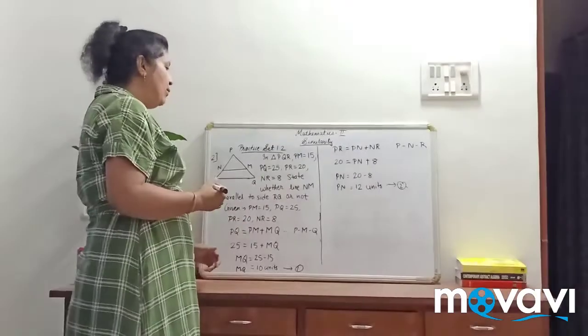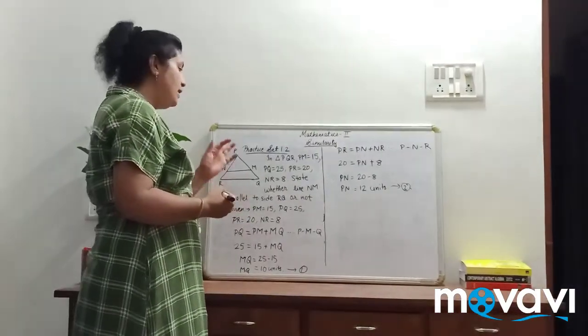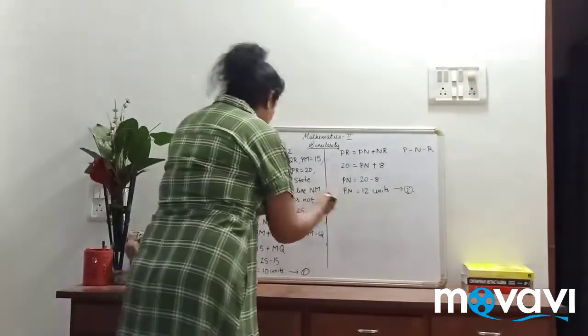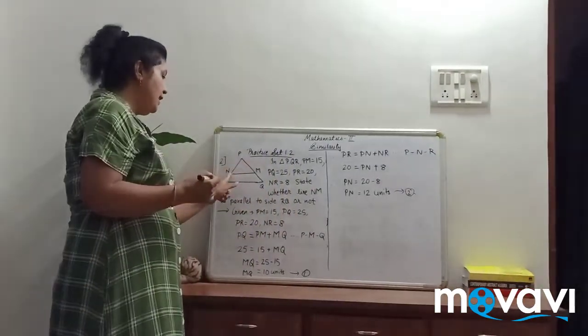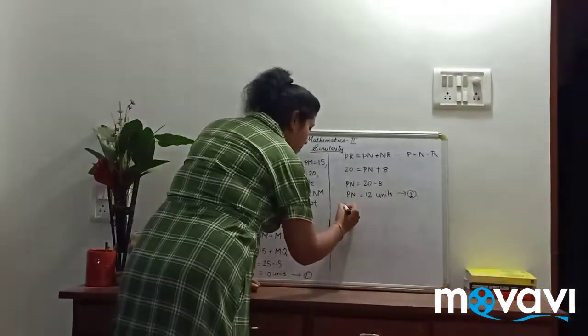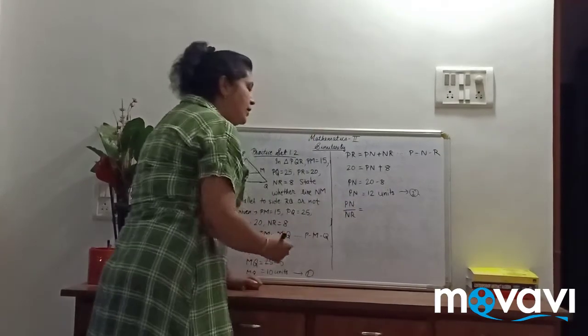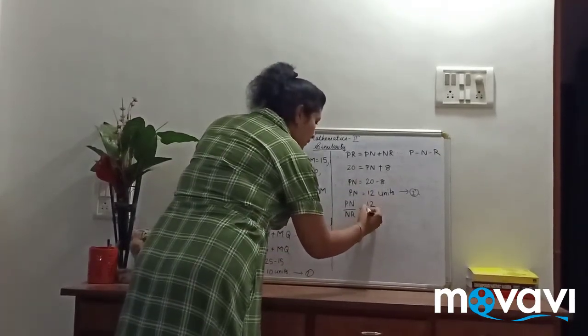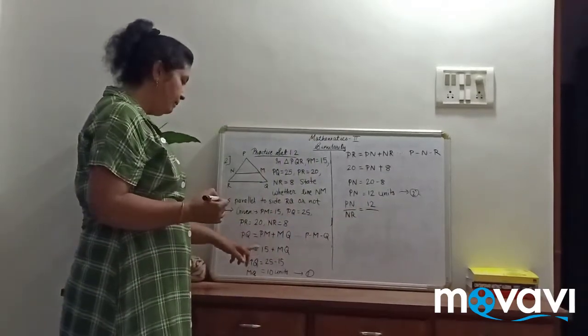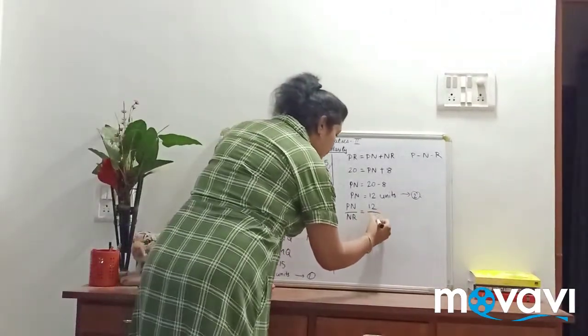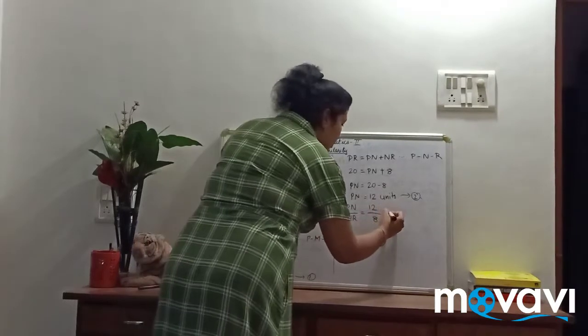I will now put it into the ratio first. What ratio do I require? PN upon NR. I substitute the values. PN is 12, NR is 8. Okay. So what will be the reason?